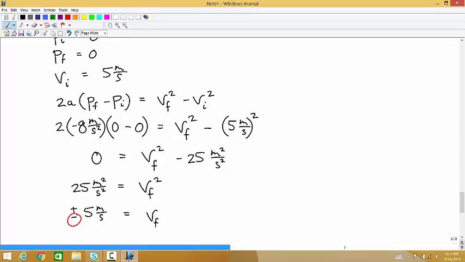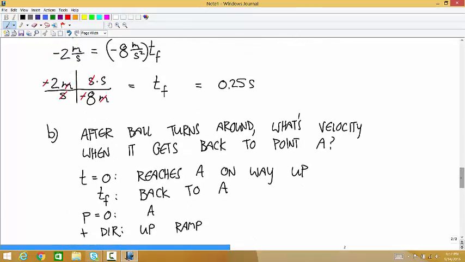So with that being said, if it's the same at each checkpoint, your question was what was the velocity when it was going from B to A, and we found the velocity at A. This was what I intended to ask: after it turns around, what's the velocity when it gets back to point A? For some reason, I wrote B to A. Okay, got it.